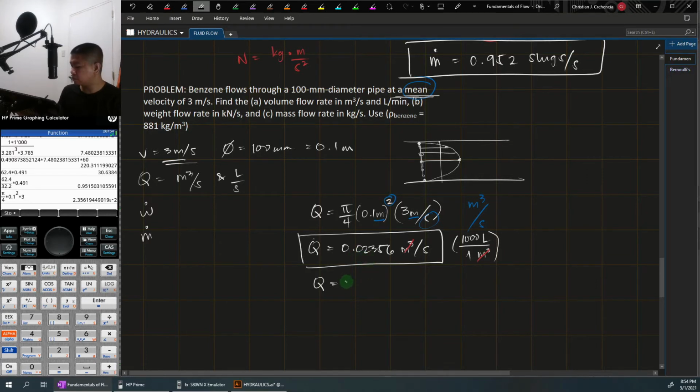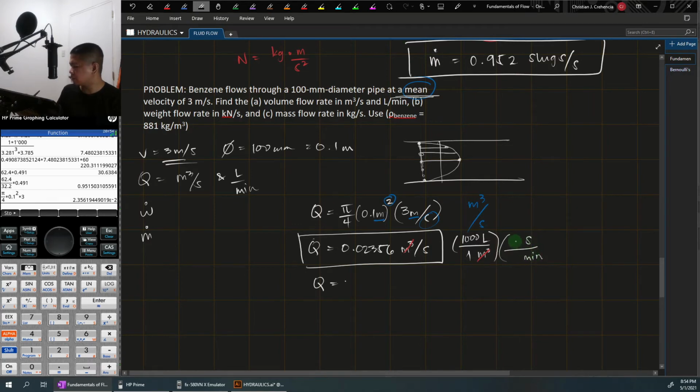So we have, this is ano pala, no? Liter per minute. Mali pa na to. Liter per minute. Okay? So kailangan din natin i-convert yung second to minute. So gusto natin makancel yung second.